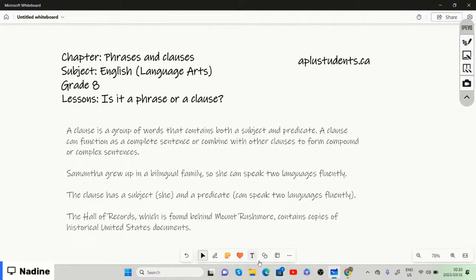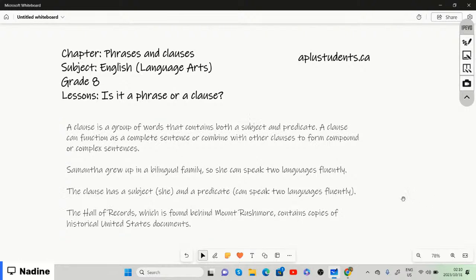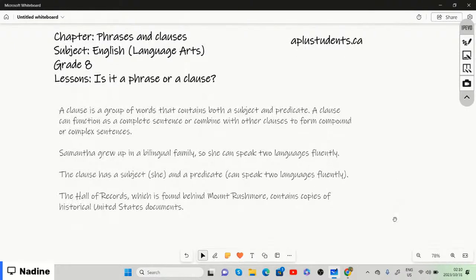So basically, this is a clause. It can stand on its own: it's got a subject, it's got a verb, and it can be a complete sentence.